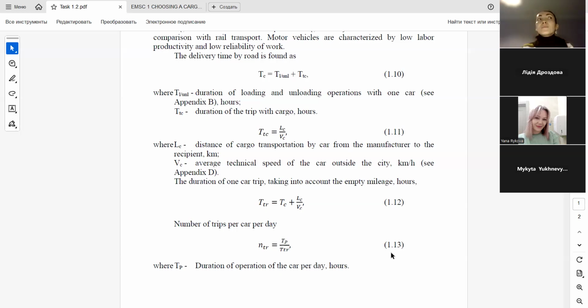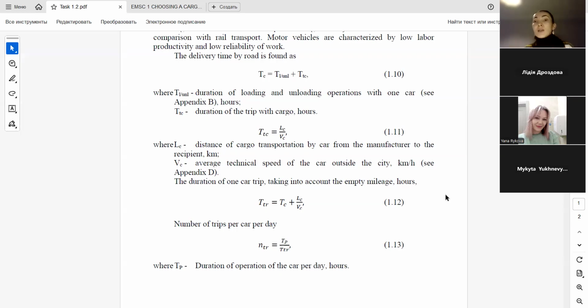So maybe it is better for ecology, and better for our situation regarding how much it costs for our cargo owner and other information. Also, we could not have time limits, because railway transport works 24 hours during the whole year, and car transport companies work, for example, 8 hours or 12 hours during the day and have some days off.